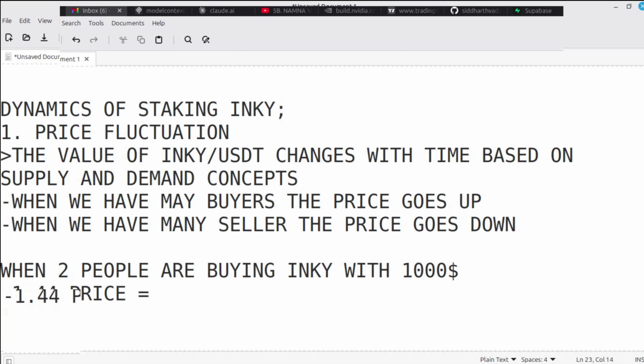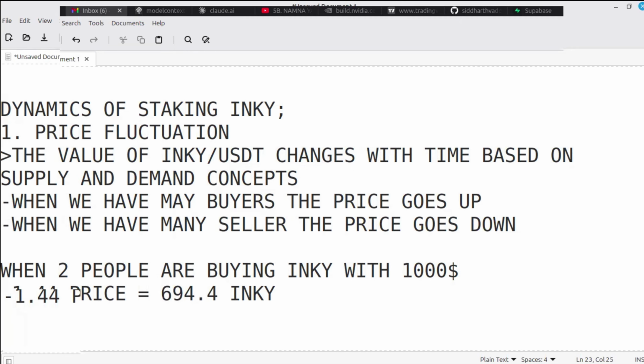The price is 1.44. I have $1,000. How much am I going to get? Let me see. 1,000 divided by 1.44. So perhaps I'm going to get 694.4 INKY.